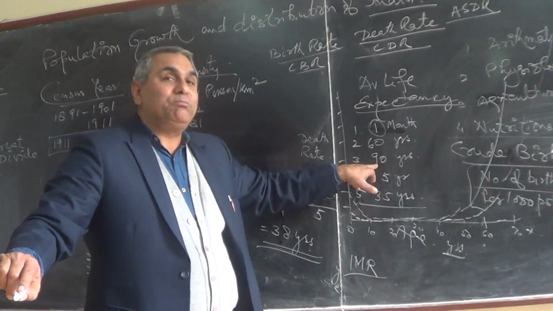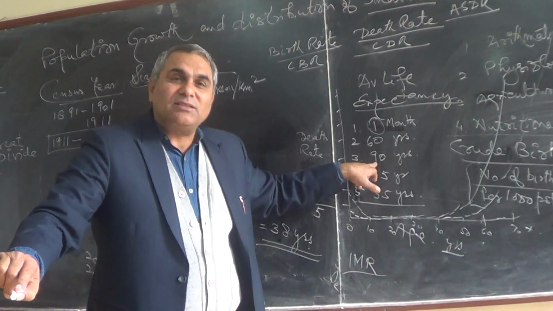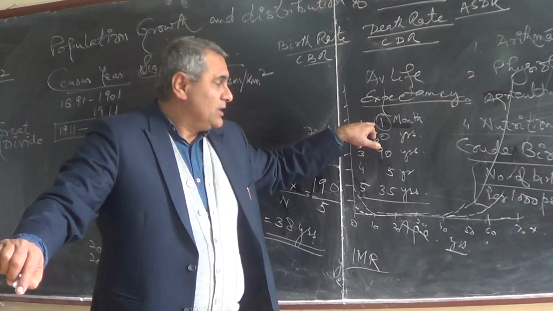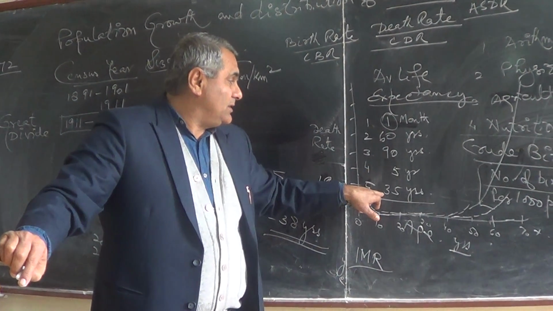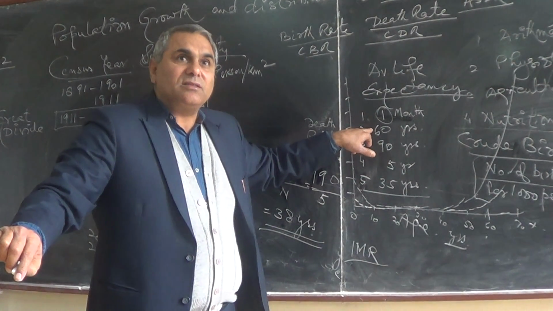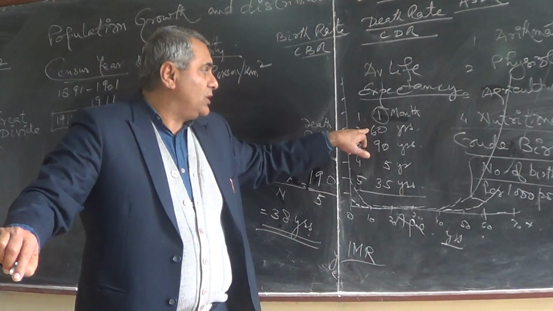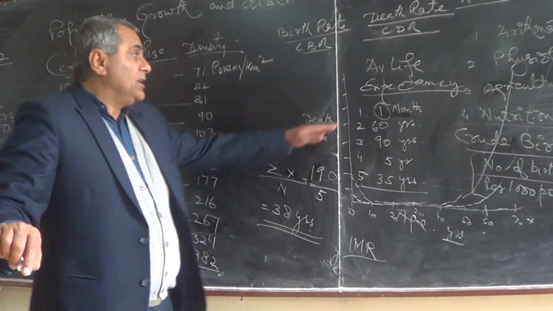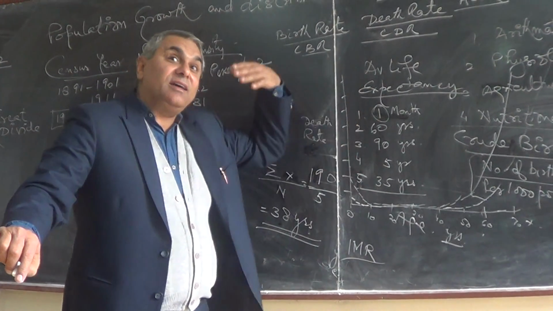It is not that no 90-year-old died. There was a 90-year-old person, but a newly born also died. So this is a young age child, and 60 years is substantially old age. So all types of people are included, even if the deaths are in higher age groups.